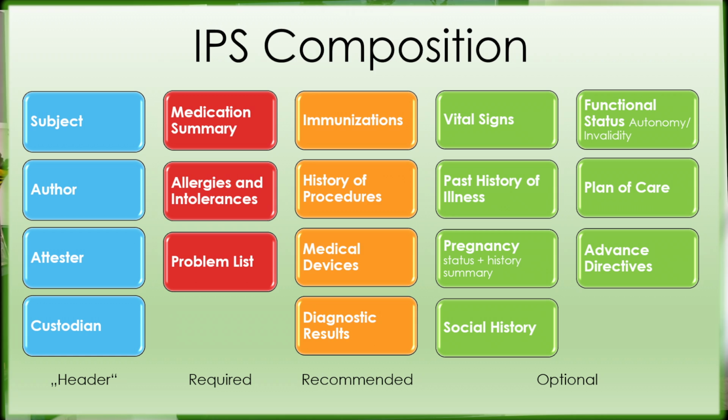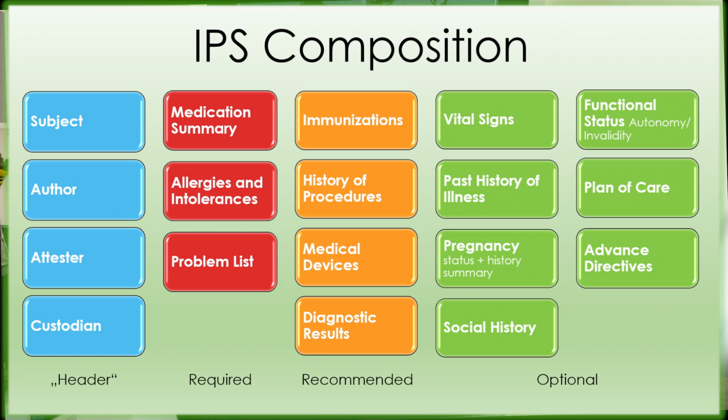The next 3 layers are the content themselves, and they are structured in such a way that there are required or mandatory components, as well as recommended components, and nice to have or optionals. So this is very similar to the way all of the other design standards are done for individuals that have the ability to include more robust information and have that information readily available in a digital format.